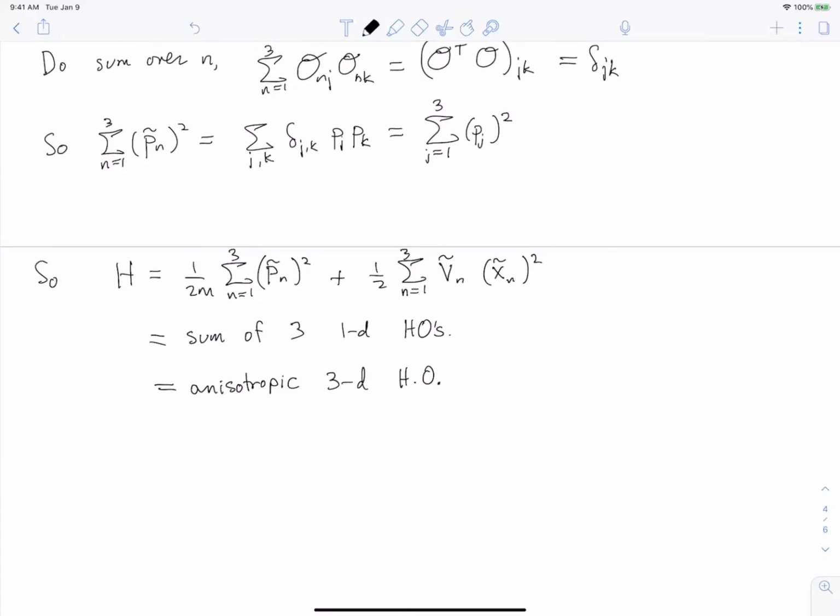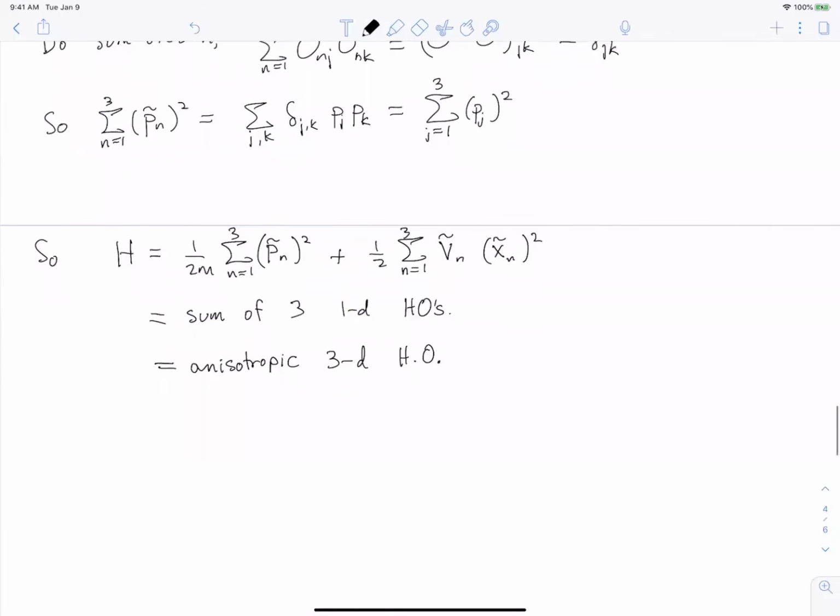I mean, it's just sort of a whimsical way of saying that you can go ahead and expand any potential you want pretty much, and it's going to look like a set of harmonic oscillators as long as you can ignore or treat as small higher order terms.